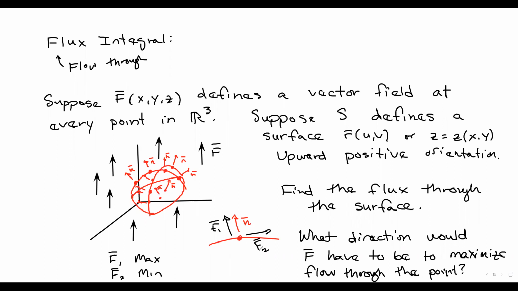So if you put a net into a river, and the net is just sitting on the surface of the river and the flow is parallel to the net, there's no fluid flowing through the net.